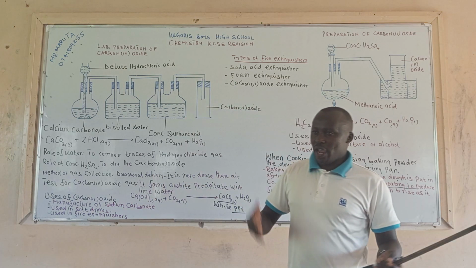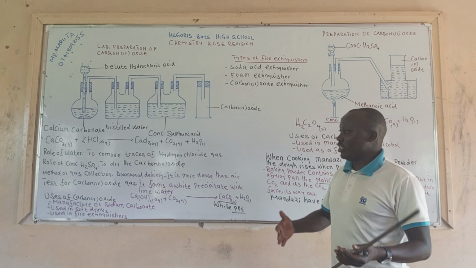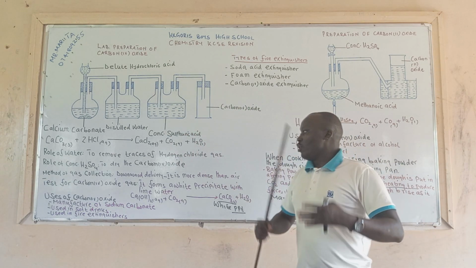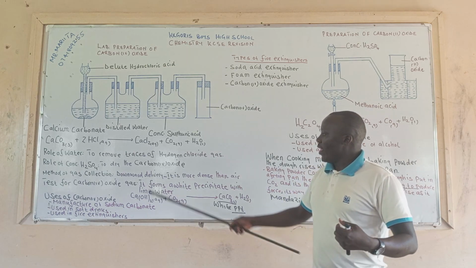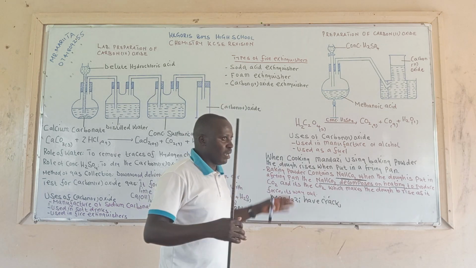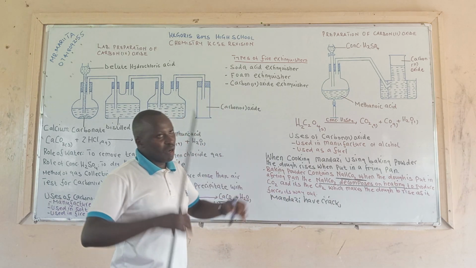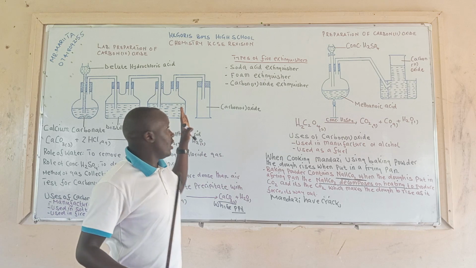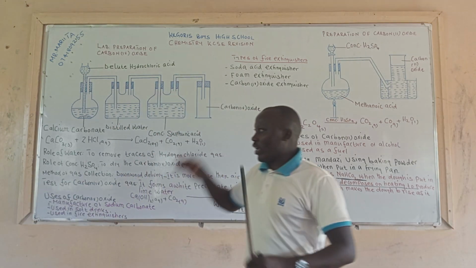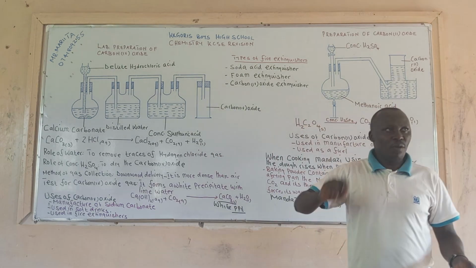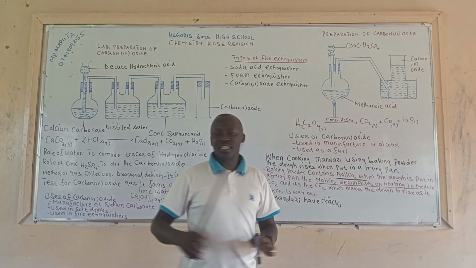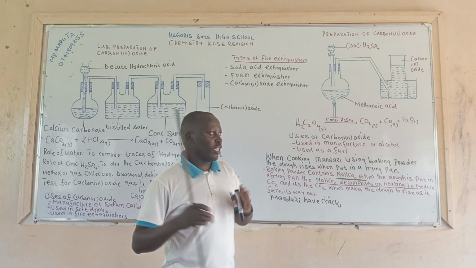Sometimes you are required to give the difference between carbon dioxide gas and carbon monoxide gas. You use a chemical test with calcium hydroxide: when calcium hydroxide passes through carbon dioxide gas, it forms a white precipitate, whereas carbon monoxide gas does not form a white precipitate. That is how you can differentiate carbon dioxide gas and carbon monoxide gas.